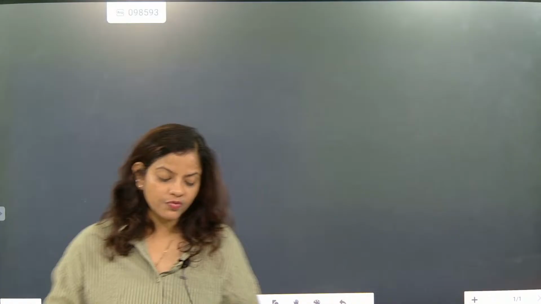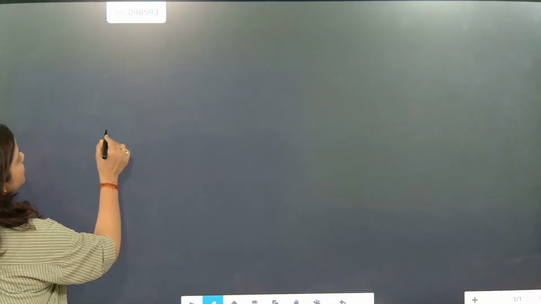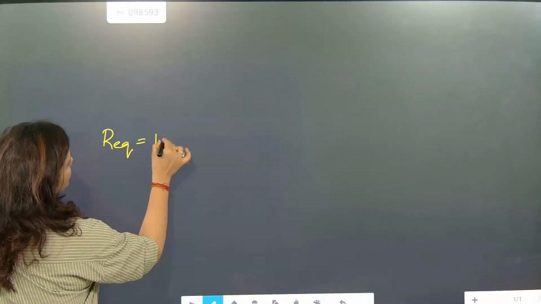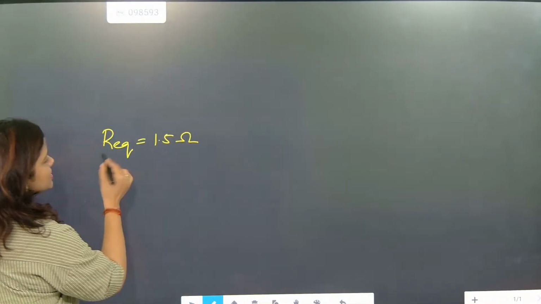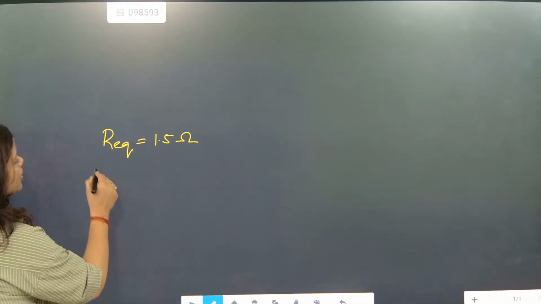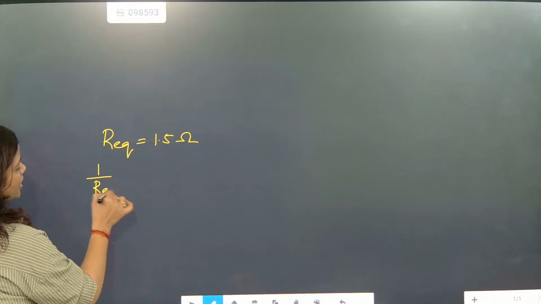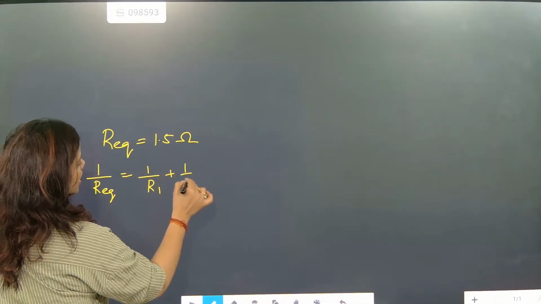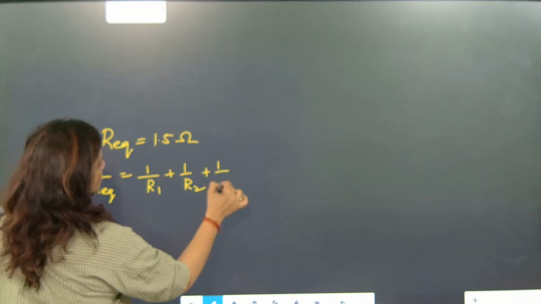Okay, the last part I should teach one more time. In the last part, once you got the equivalent resistance of 1.5 ohm, you write the formula as 1 by R1, 1 by R2, 1 by R3. Now look here, Tarun.